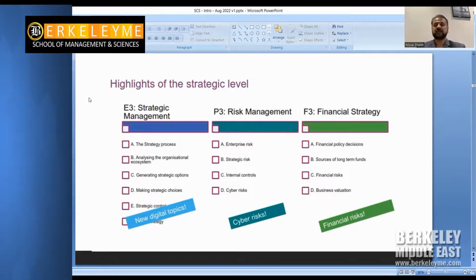When we say strategy, strategy has 3 types. We have operational strategy, we have management strategy, and then we have a strategy for the board, like strategic management, which is looking forward down the road for 10 years, 20 years. So that's more broad, but less numerical and less calculative.